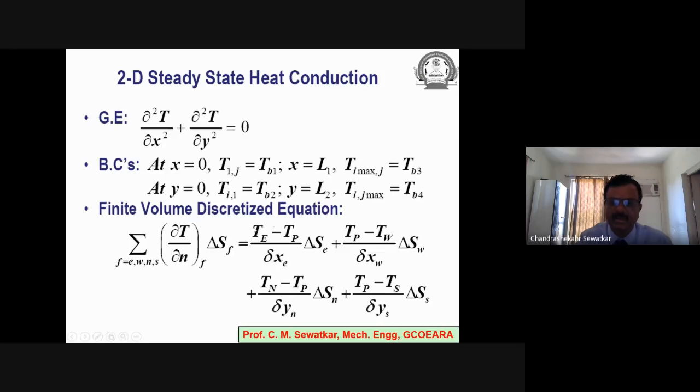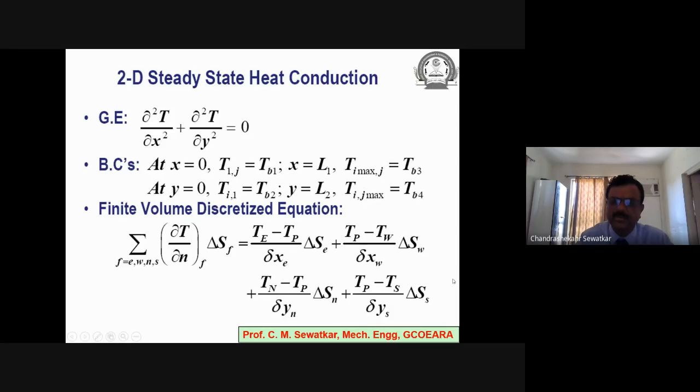This is my algebraic equation, the approximate algebraic equation. If I set this equal to 0, and I know from the initial guess the temperatures of the east, west, north, and south places, I can find out Tp. So I can formulate the equation by equating it to 0.